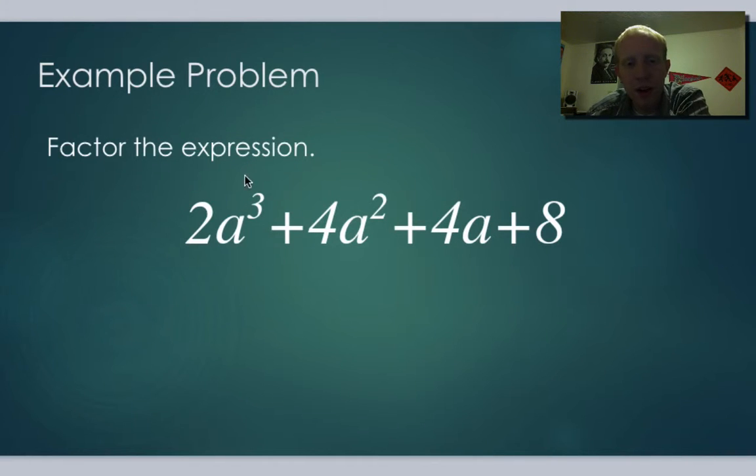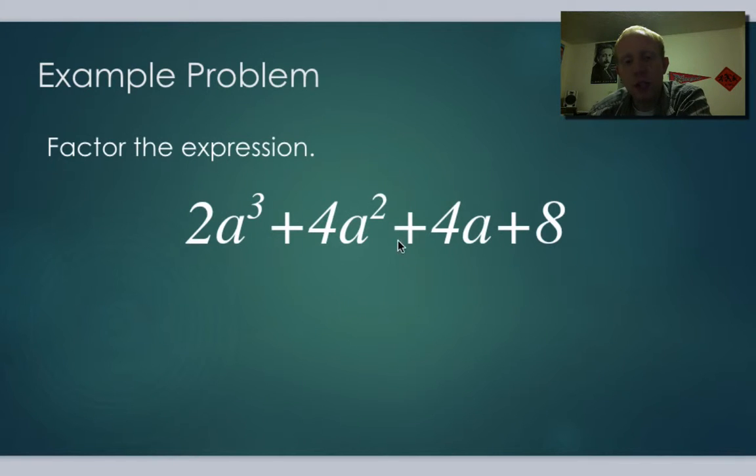We want to factor this expression. There is a number defined by this expression, in terms of a. We want to break down this whole expression into its factors, the things that multiply together to give this expression.